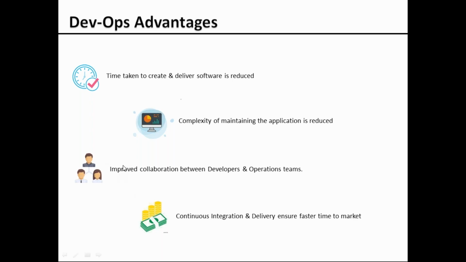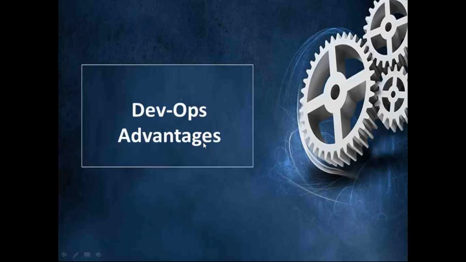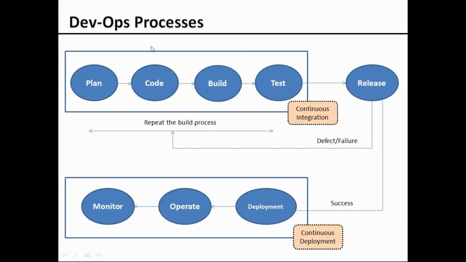And one major advantage is that you are collaborating with the development team and the operations team using the tools. These are a few tools used by the developer team to accomplish their job, and there are some tools used by the operations team to accomplish their job.